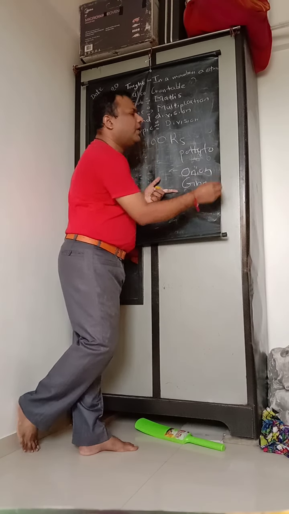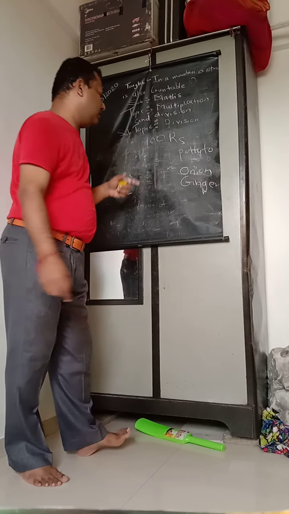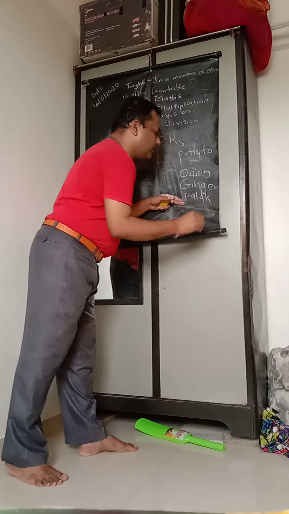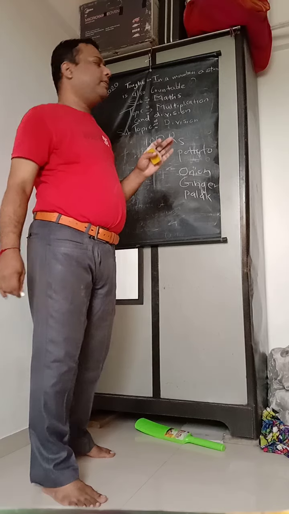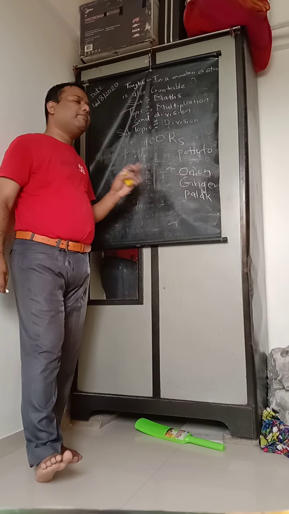Ginger. Or the palak, coriander. Only 4 things. So your father is giving you 100 rupees and tells you to bring potato, onion, ginger, and palak.